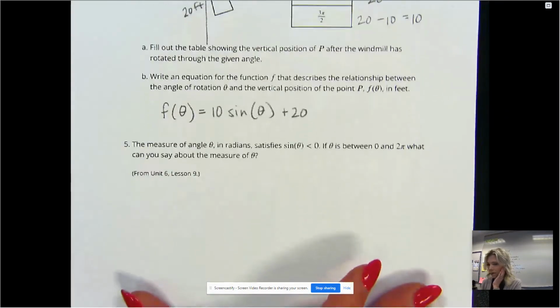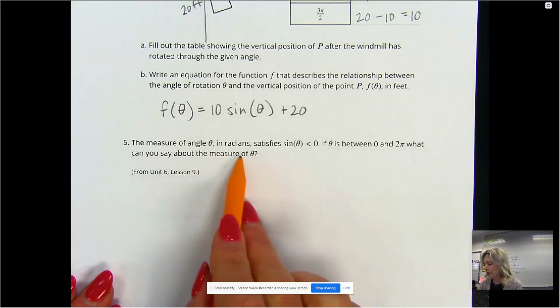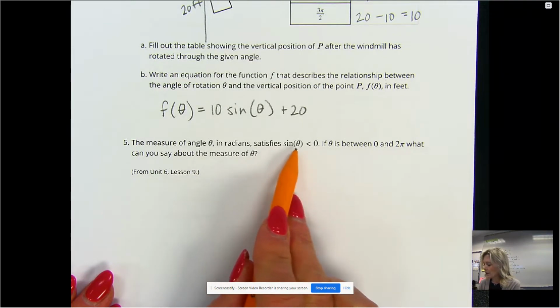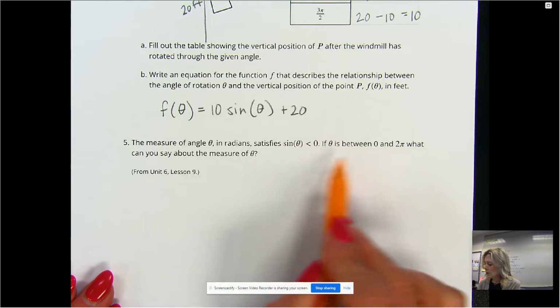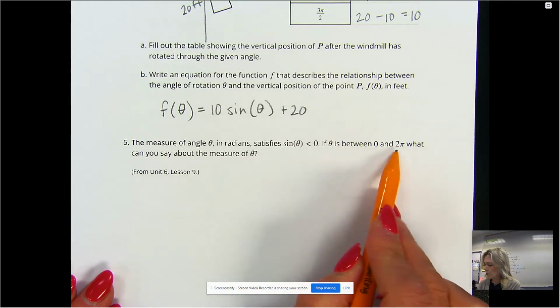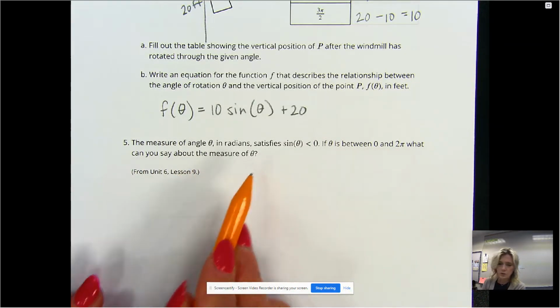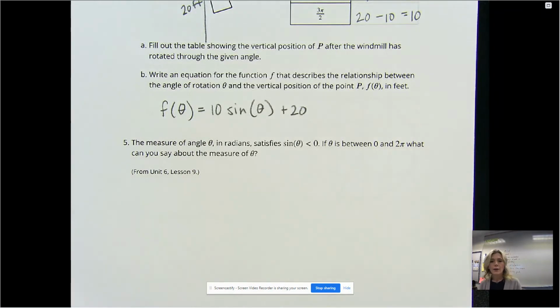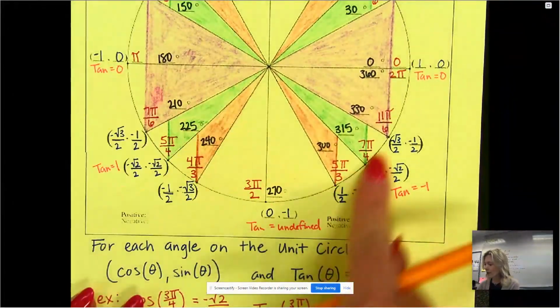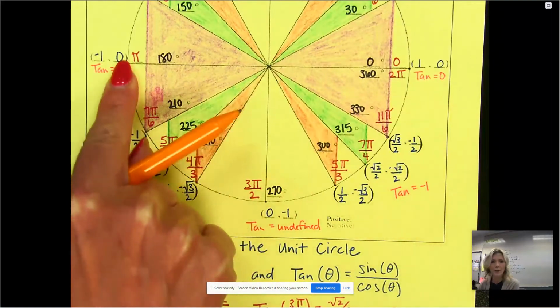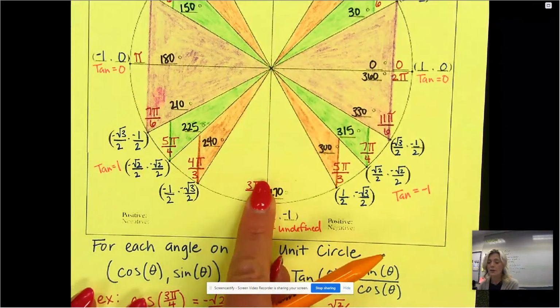Okay, number 5, the measure of angle theta in radians satisfies that the sine of theta is less than 0. So sine is negative. If theta is between 0 and 2 pi, what can you say about the measures of theta? Okay, so if the sine of theta is less than 0, we're looking at the bottom half of our unit circle, because the bottom half is where sine is negative or less than 0.